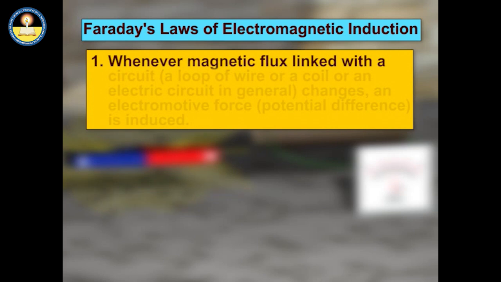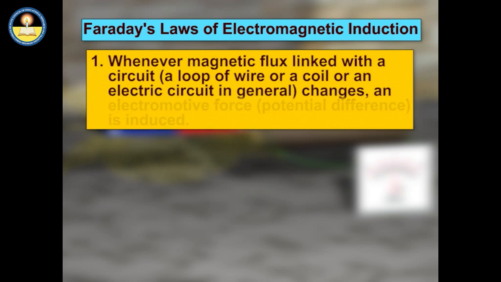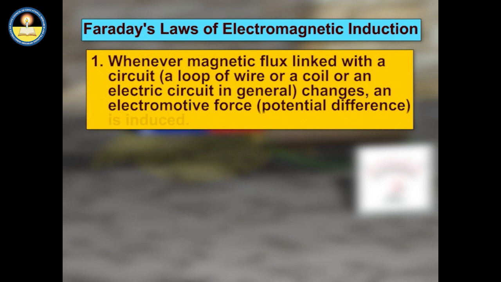Whenever the magnetic flux linked with a circuit, that is a loop of wire or a coil or an electric circuit in general, changes, an electromotive force, that is potential difference, is induced.